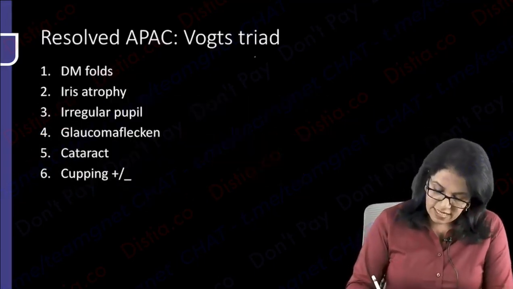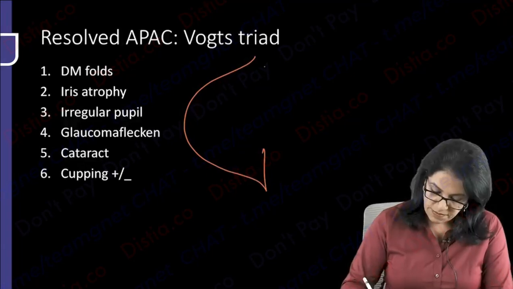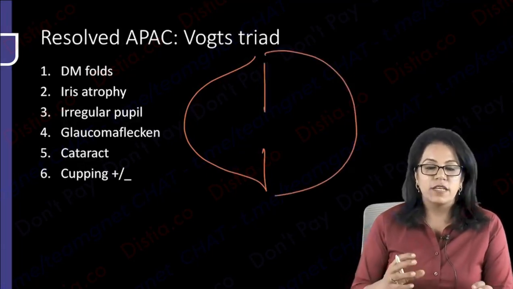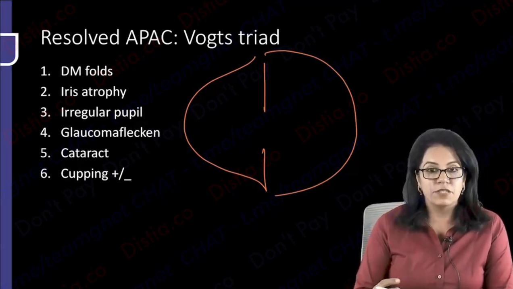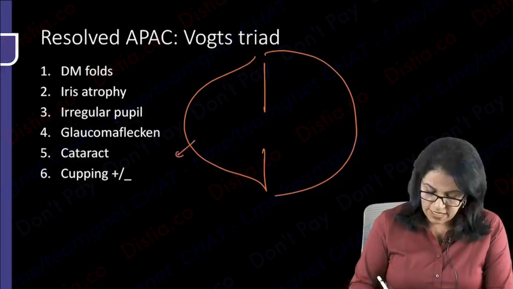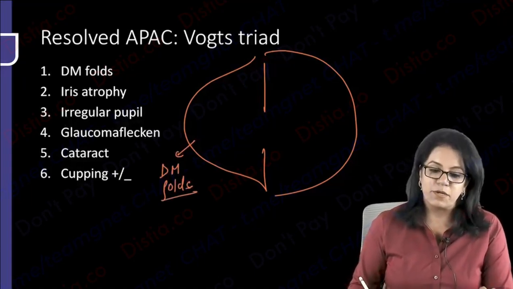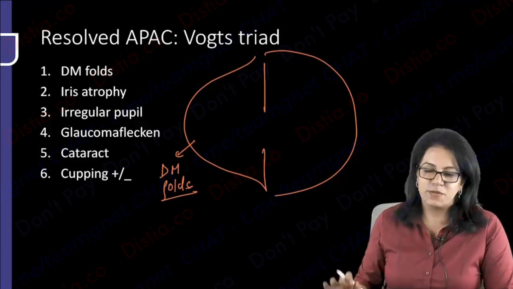So resolved case, again if we draw here, what are the things? If there was corneal edema and high pressures, while it is resolving I can see some Descemet membrane folds. I want you all to please draw the diagram and label it, then you will remember. Don't write in a list, it's difficult to learn.